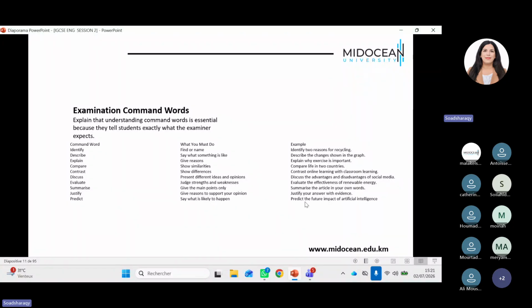For example, justify your answer with evidence. Predict means to say what is likely to happen. Predict the future impact of artificial intelligence. Okay? As I said, understanding command words is essential because they tell you exactly what the examiner expects.